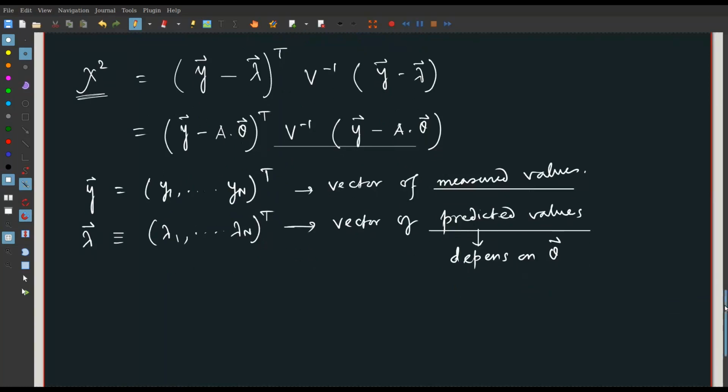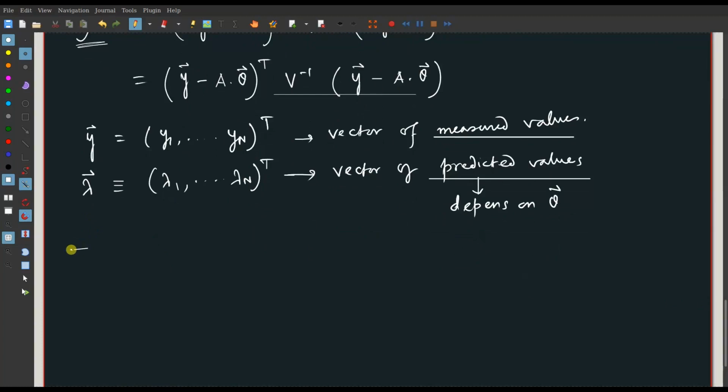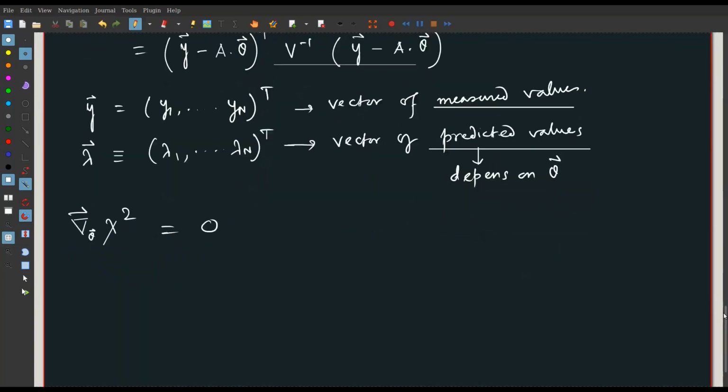If you construct a gradient operator with respect to theta, operating on chi-square, this should equal 0. Basically that gives you the individual theta operations equal to 0. If somebody is shaky about that, if you are not from a physics background, take help from any of the physics batchmates from here.